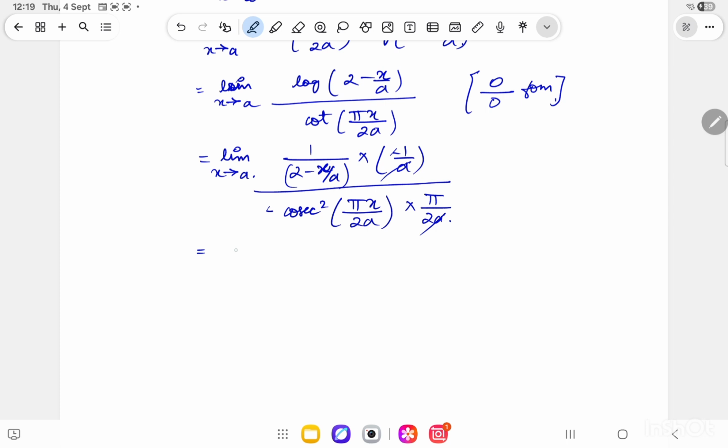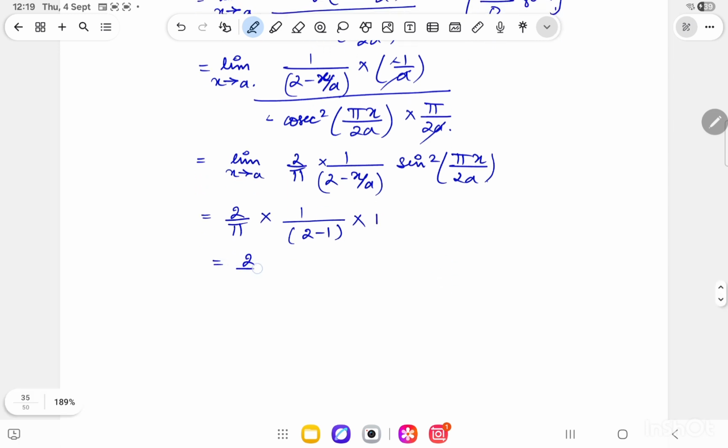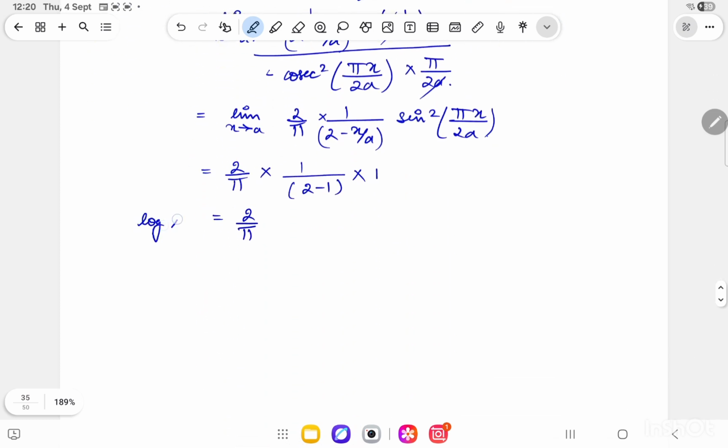So I am getting limit x approaches a of 2 by pi into 1 upon (2 minus x by a) into sine square(pi x upon 2a). If I put x equals a, I'll be getting 2 by pi into 1 upon (2 minus 1) into sine pi by 2, that is 1. So my limit is basically 2 by pi, but this 2 by pi is equal to log L, so L is basically e raised to 2 by pi.